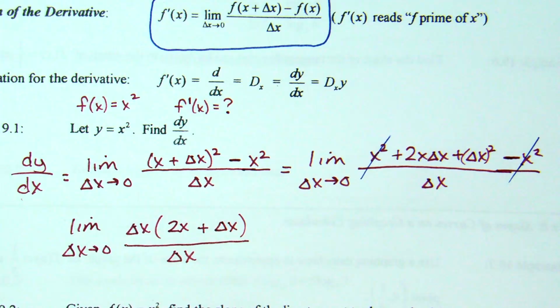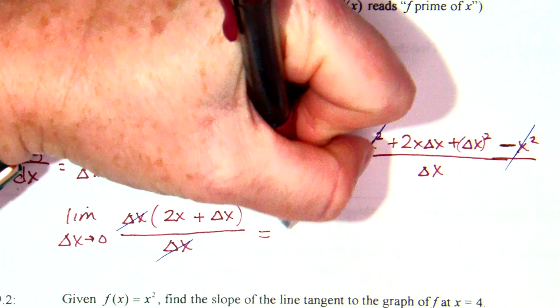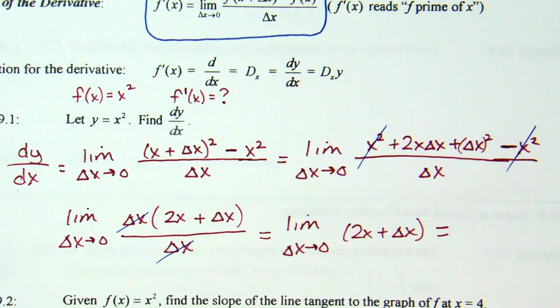Now what's so nice? Delta x's cancel out. And so now my problem becomes the limit as delta x approaches 0 of 2x plus delta x. And now that that fraction's gone, can you substitute the number value in now? So if I substitute the number value in, every place I see a delta x, I replace it with 0.